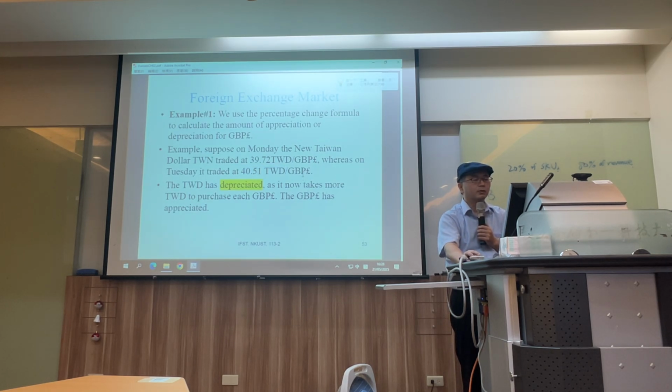Okay. So the question now is for you to try to compute what would be the percentage change for the Great British Pound, and also the percentage change for the New Taiwan dollar. So that's the application of the knowledge we have acquired a couple minutes ago.